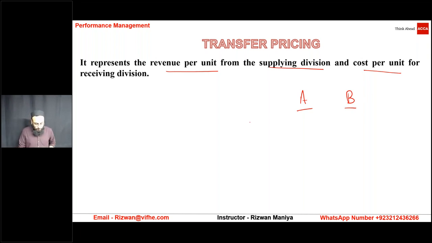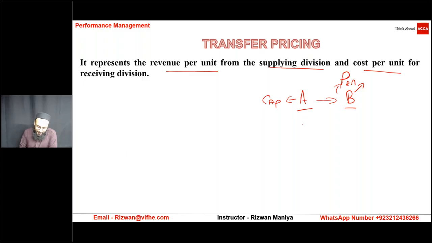So Division A produces one product known as caps and it delivers the caps to B, and B makes a complete product, a pen, and that pen is then sold in the market. Okay, just understand the basics. I'm setting up the basics here. It sells the pen in the market.